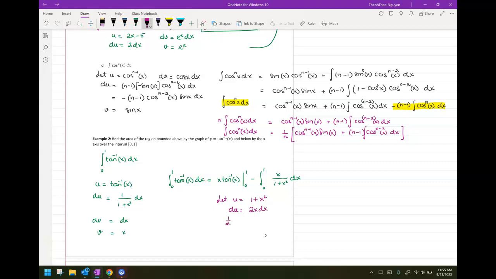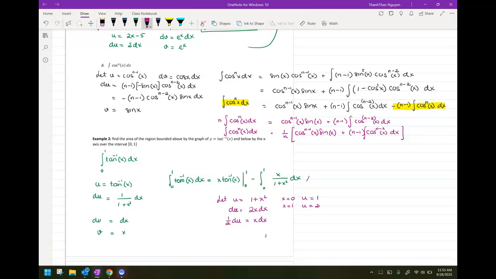So 1/2 du equals x dx. I will then change the upper and lower limits. When x equals 0, u equals 1. When x equals 1, u equals 2.